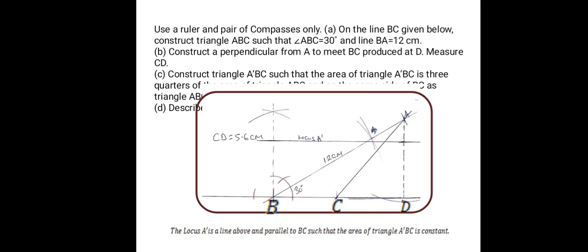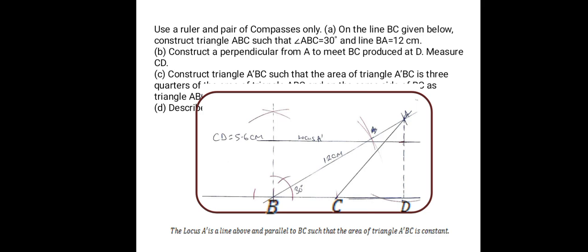Using a ruler and pair of compasses only, A. On the line BC below, construct triangle ABC such that angle ABC is equal to 30 degrees and line BA is equal to 12 cm. B. Construct a perpendicular from A to meet BC produced at D. Measure CD.